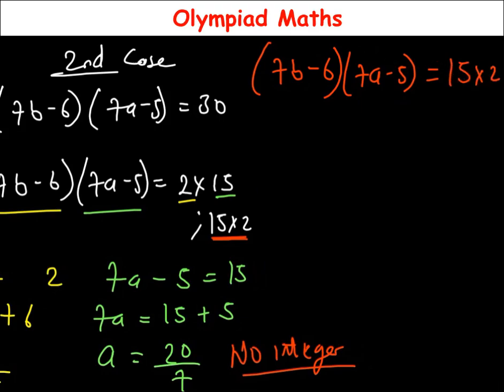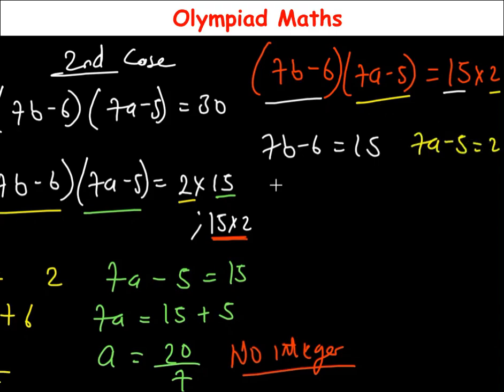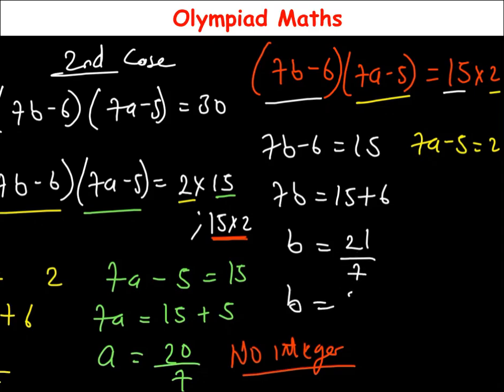So from here, we compare 7b minus 6 to 15, and 7a minus 5 to 2. So for the first one, 7b minus 6 is equal to 15, and 7a minus 5 is equal to 2. 7b is equal to 15 plus 6, b is equal to 21 over 7, so that b is equal to 3.